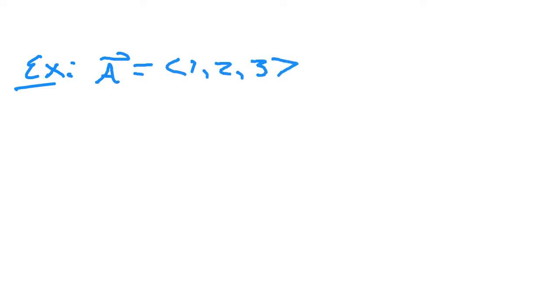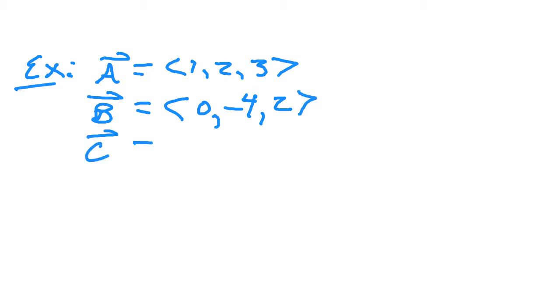Let's just look at a couple examples here. Instead of doing the proof, let's show it for an example. Let A vector equal 1, 2, 3, B vector equal 0, -4, 2, and C vector equal -3, 0, 1.